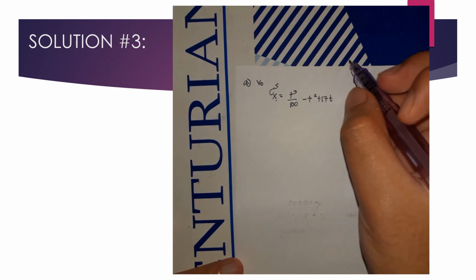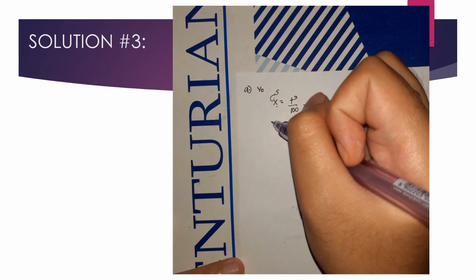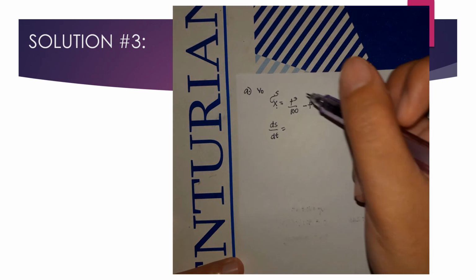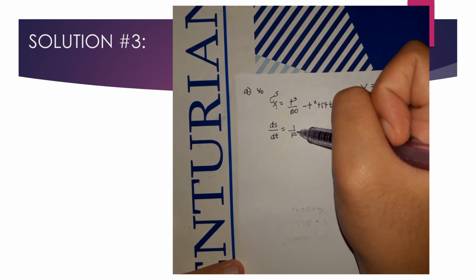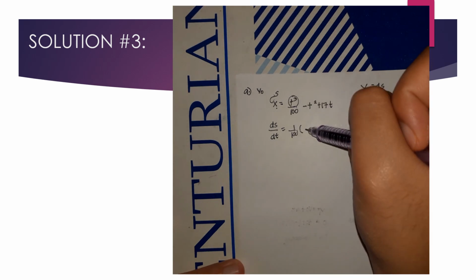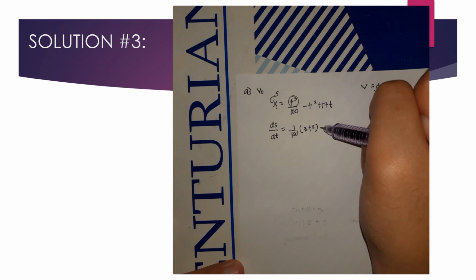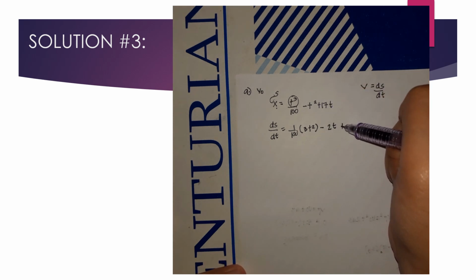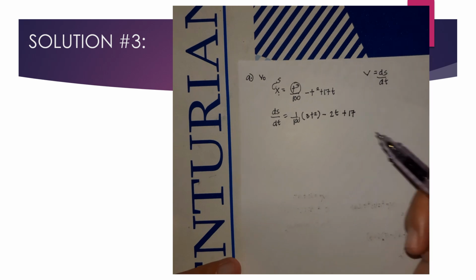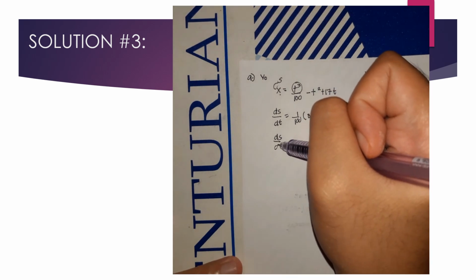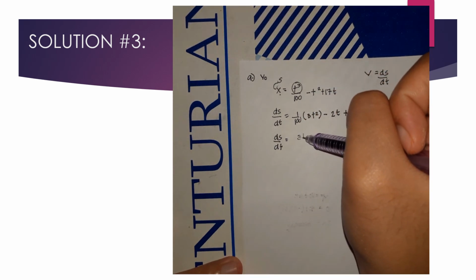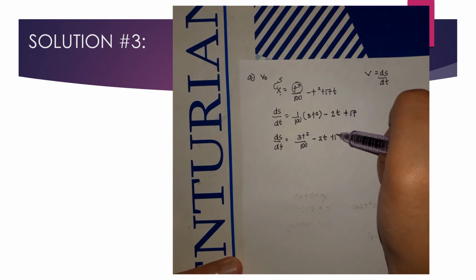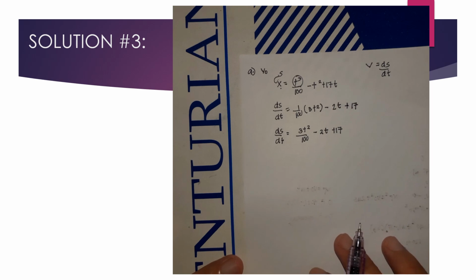So we'll derive this equation. We have 1 over 100 times the derivative of t cubed, 3t squared, minus the derivative of t squared, 2t, and 17. Simplifying, we have 3t squared over 100 minus 2t plus 17.